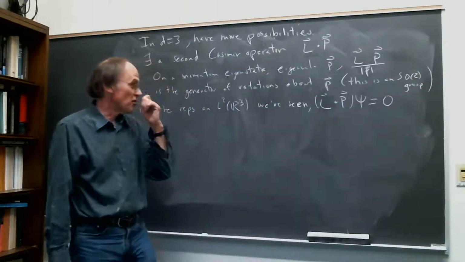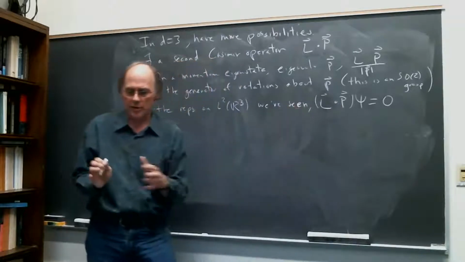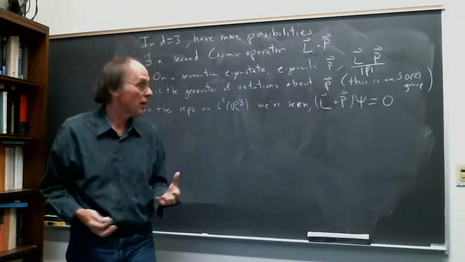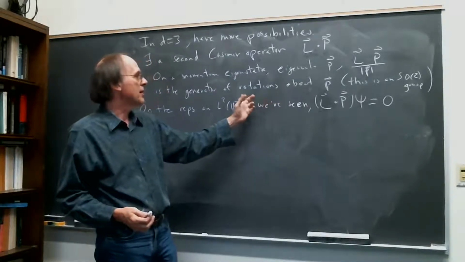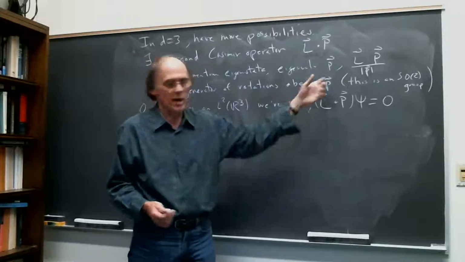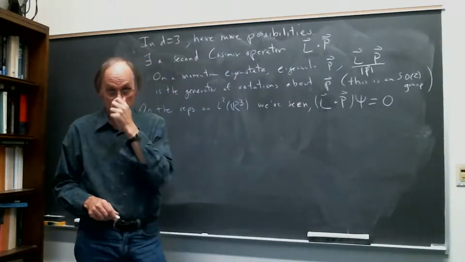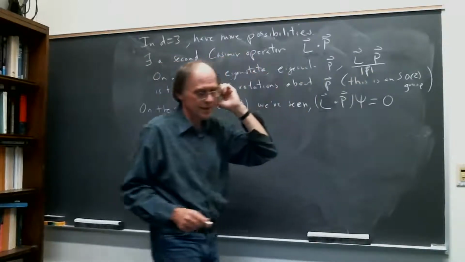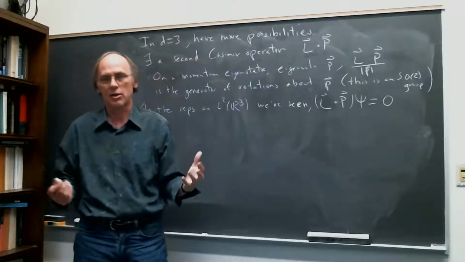And what you've shown is that the representations that you already knew from the free particle, the standard free particle, were all kind of invariant under these rotations around the p vector. So the second Casimir isn't actually telling you anything new.